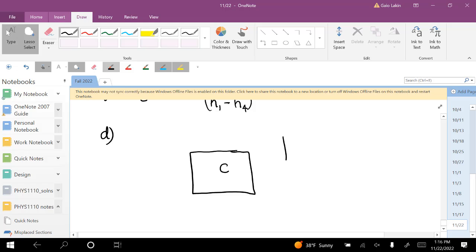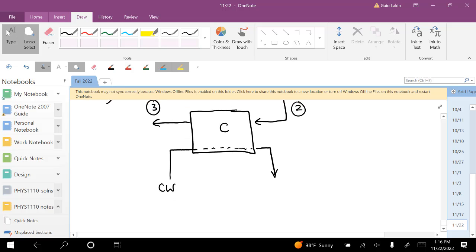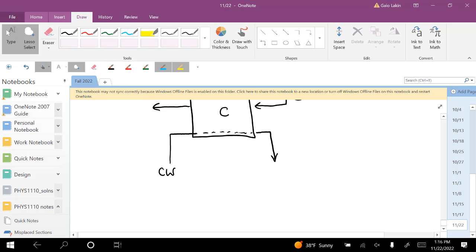We have state 2 here and state 3 here, and then we have the cooling water going this way. The one on top, the way I have it drawn, is the working fluid. And so this is going to be our control volume.